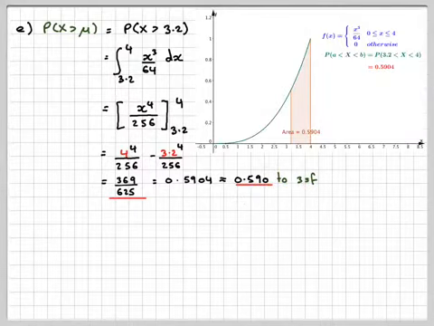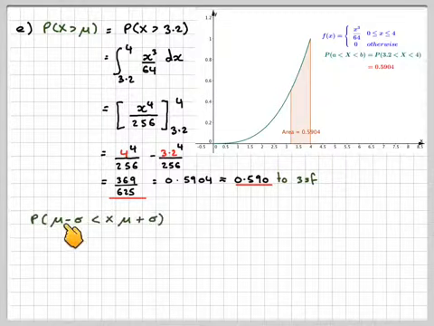With the GeoGebra applet, you can get the answer 0.5904. To get the decimal places, you need to perhaps use the arrow keys.